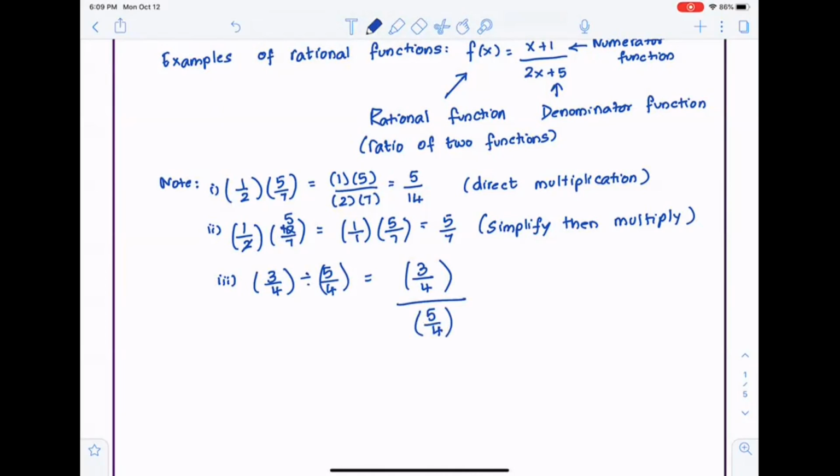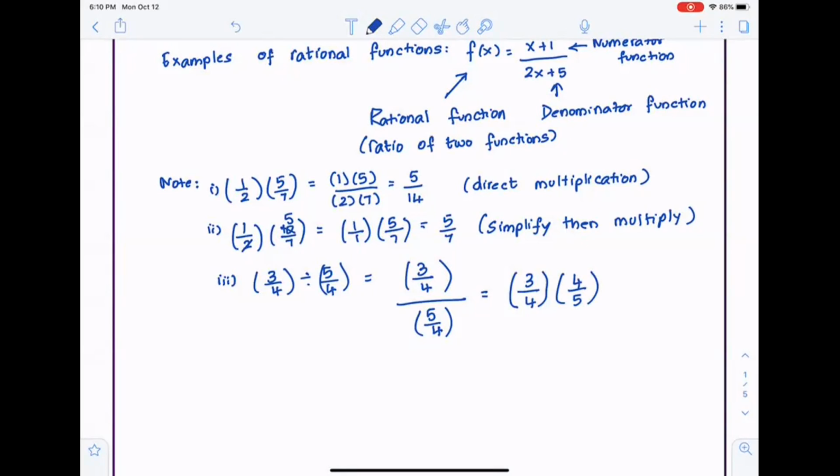So we are going to convert this division into a multiplication, something that many of you might know. It's called flipping and multiplying. So we flip the denominator and multiply. So if I flip the denominator, it becomes 4/5, and I multiply it to the numerator. So 3/4 multiplied by 4/5.